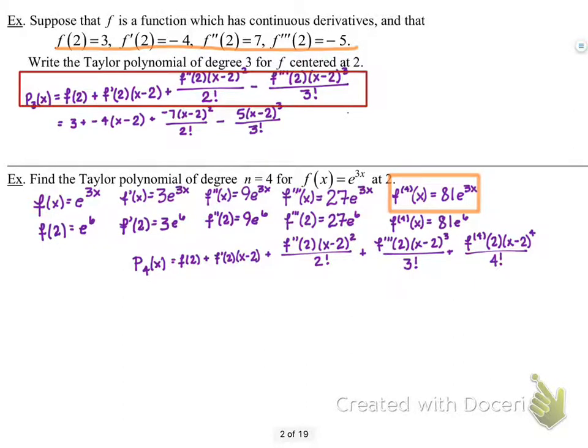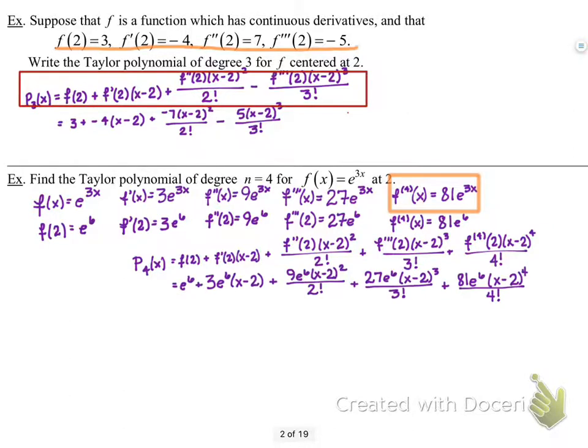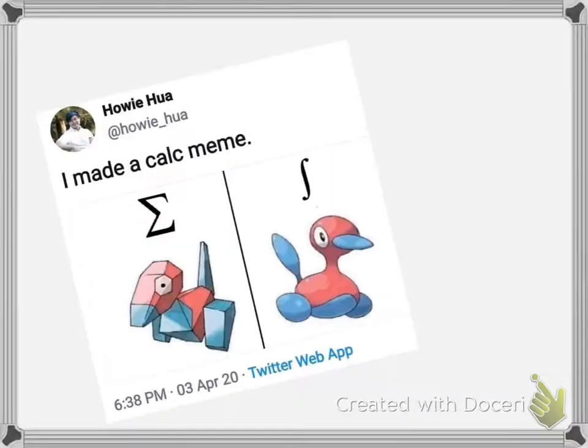There's our setup using our formula. Now all we need to do is use the information that we found in the calculations in the first 2 lines and use that in the new Taylor polynomial. And there we go. There is our beautiful Taylor polynomial of degree n equals 4.